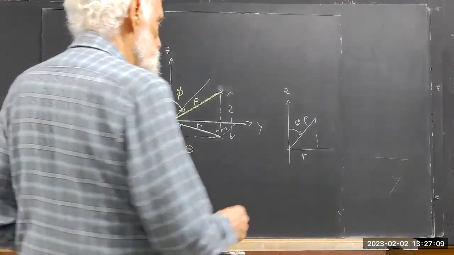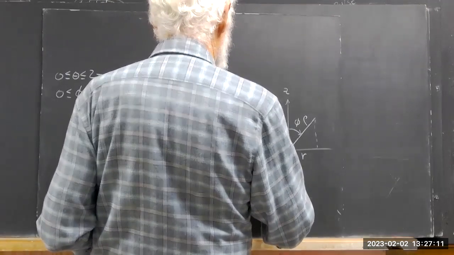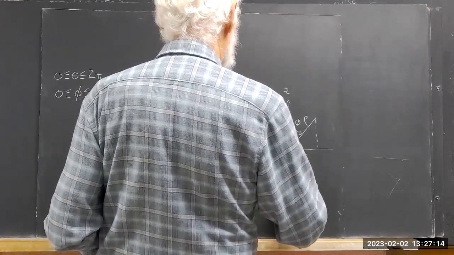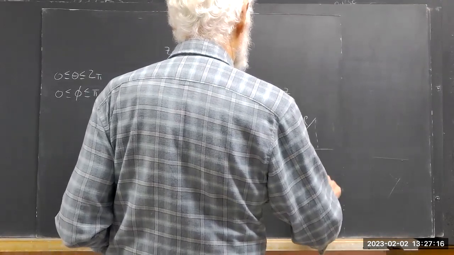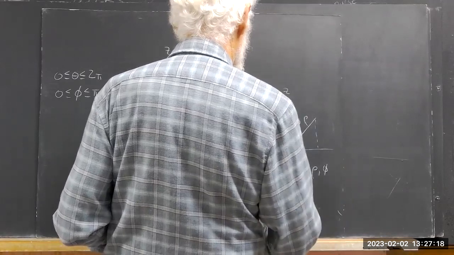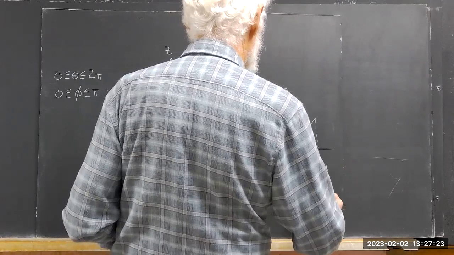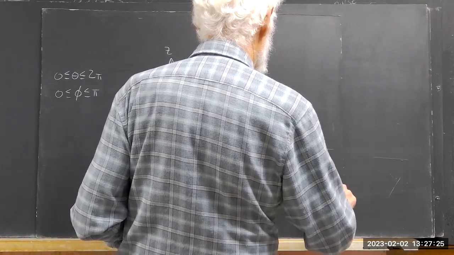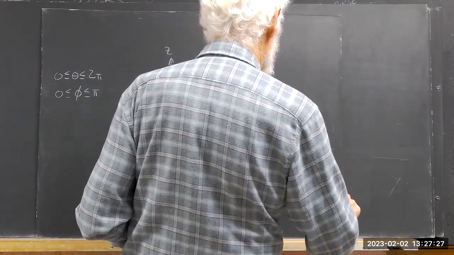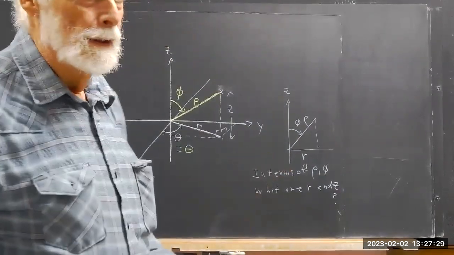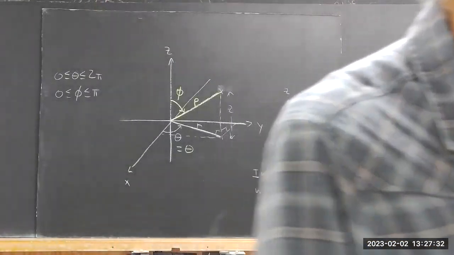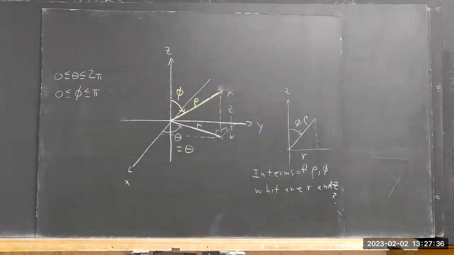In terms of rho and phi, you can write the expressions for r and z, can't you? You got a triangle there. We've got to figure out where z is in that triangle, but that ought to be pretty straightforward.